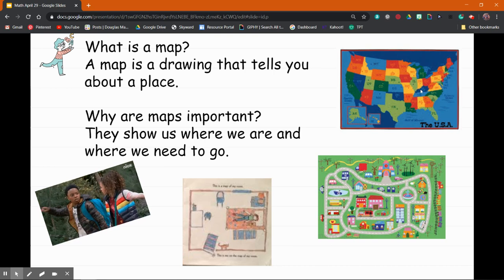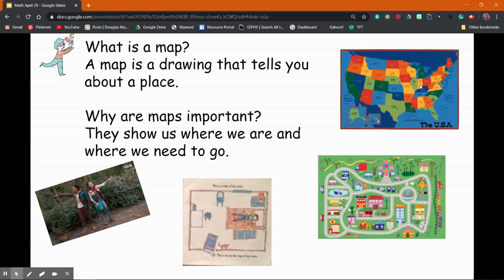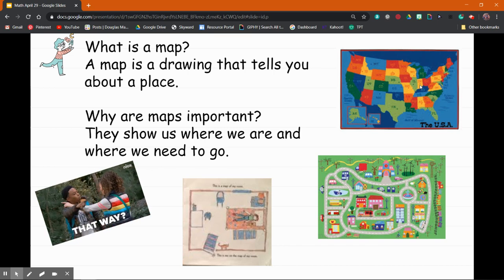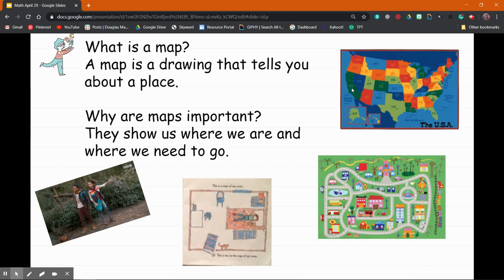So right here, where you see my arrow, this yellow state, this is Indiana. If we were using this map, it could show us how far Indiana is from California. So here's Indiana, here's California. They are very far away.